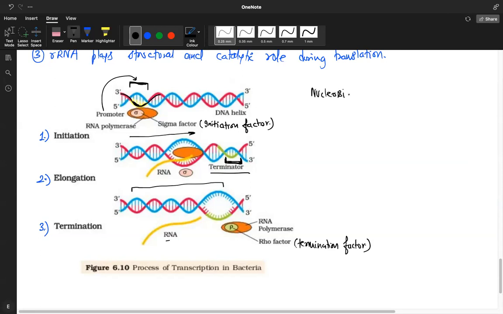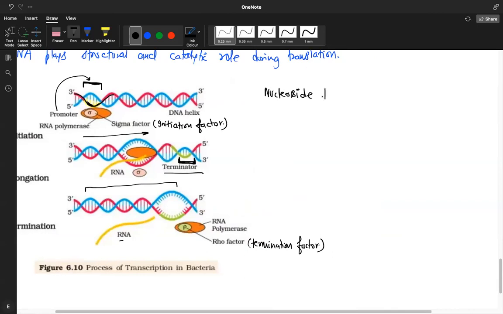You already know what a nucleoside is, right? Sugar plus base. But in a nucleotide, there is only one phosphate. Here it is nucleoside triphosphate. So this is used as a substrate. It uses nucleoside triphosphates as substrates to synthesize the RNA.